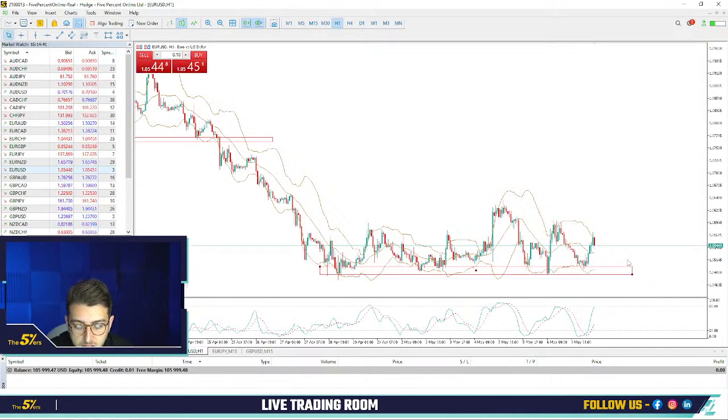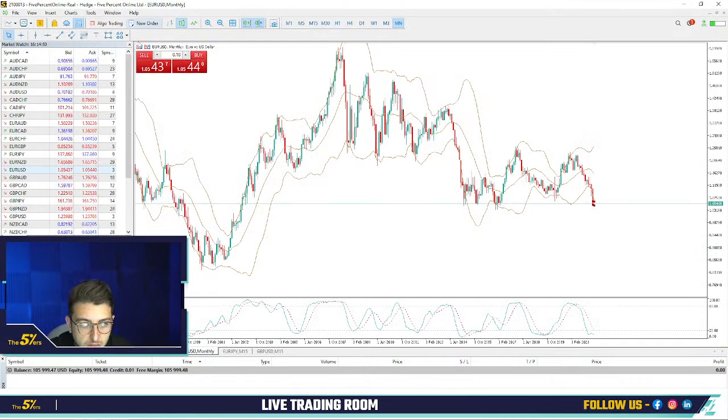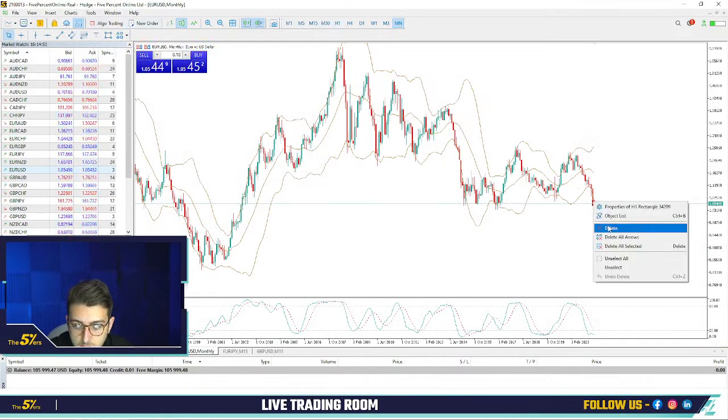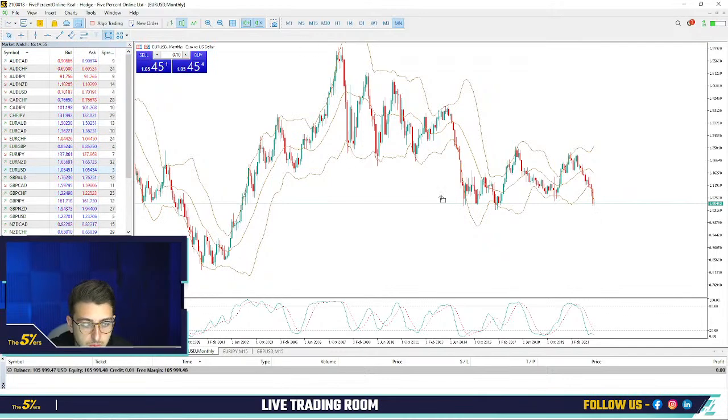Respected multiple times. And most likely because we reached this zone in the monthly chart, okay? And this is still for me a very strong demand zone. At least I don't expect the price to cross below straight away. Okay, that's something I cannot expect after we see this huge volatility movement.